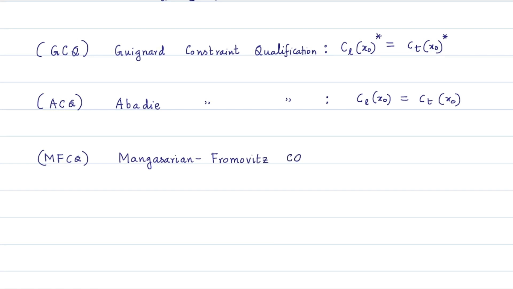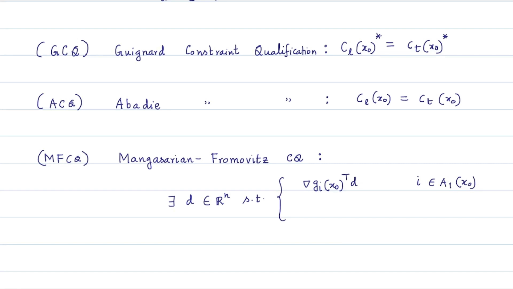which takes up the condition that there exists a direction d in R^n such that we have the gradient of those g_i for which i is belonging to A1(x naught).